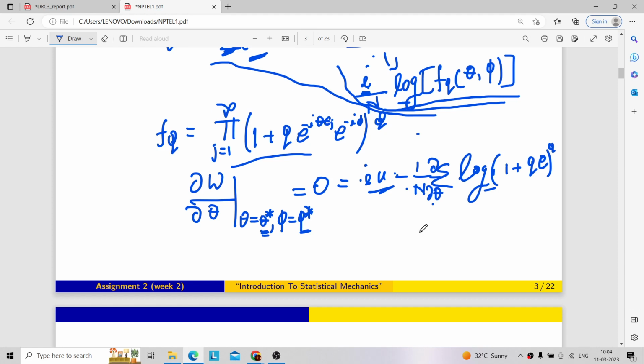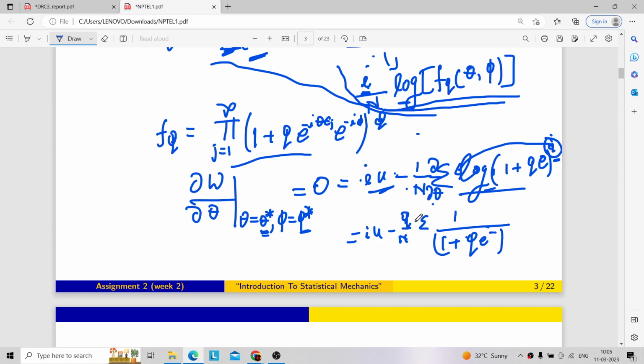Right. This is I u n minus 1 over n summation, and I have to do the derivative of the logarithm. Then the derivative of a logarithm is what, 1 over that variable. So 1 over 1 plus q e to the power something, or you can take this q value to the front as it is independent of theta.